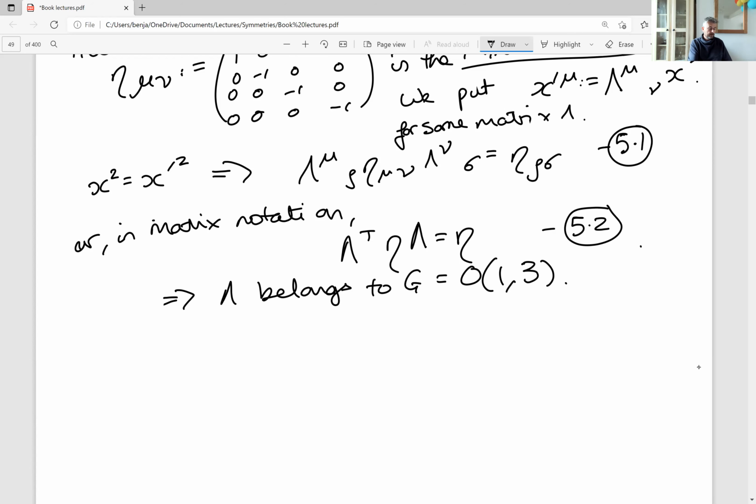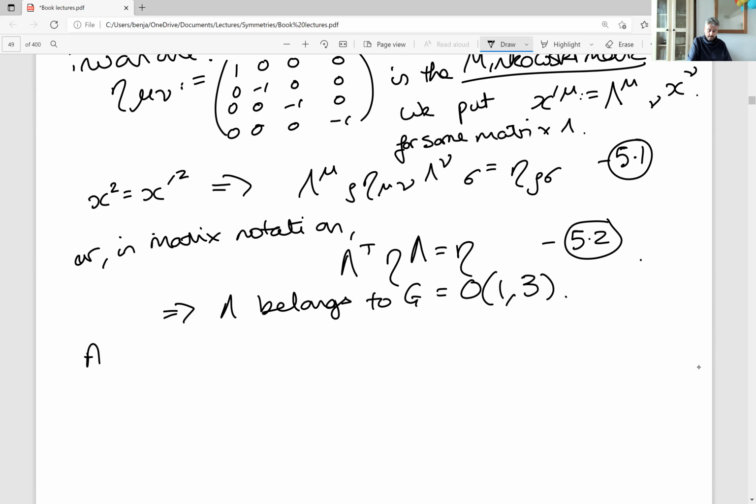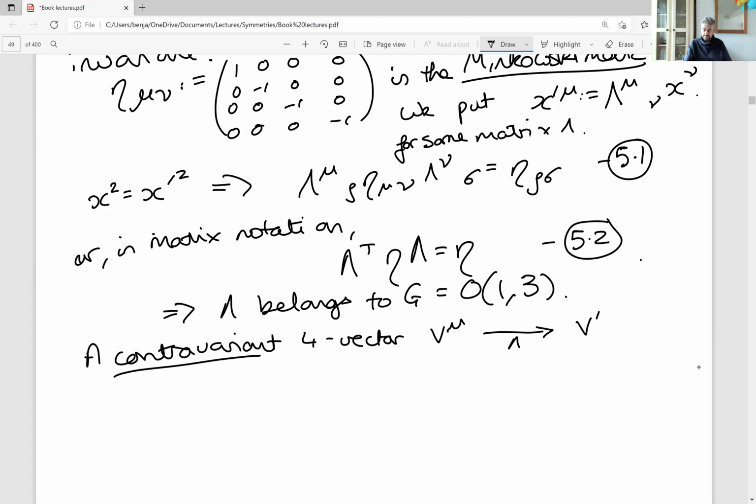So we're going to define a contravariant 4-vector. That's the kind of vector that we've seen already, with an upstairs index. Under the Lorentz transformation, this goes to, just like x^mu, it gets a factor of lambda.